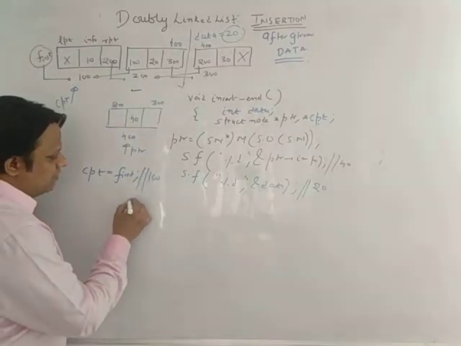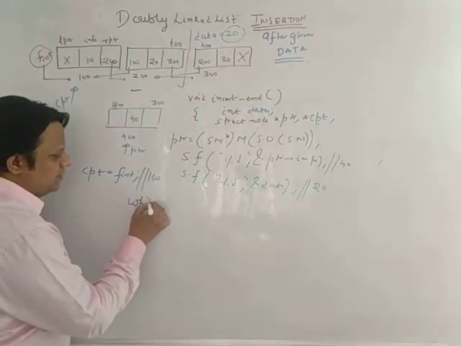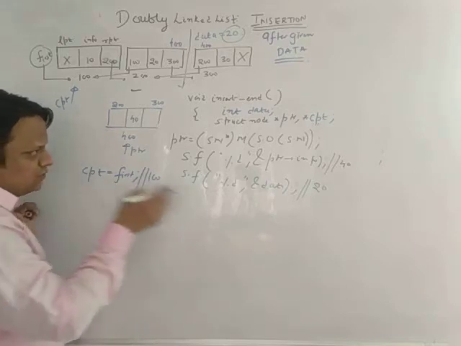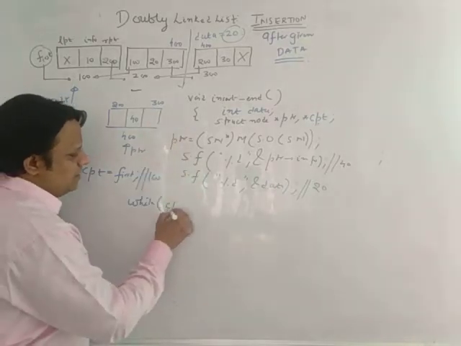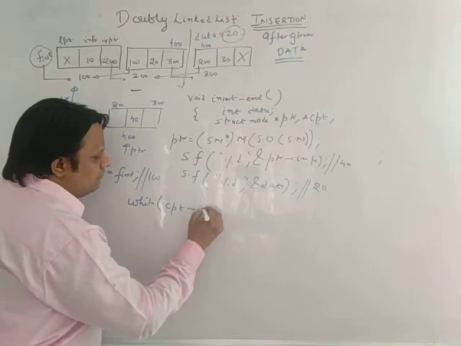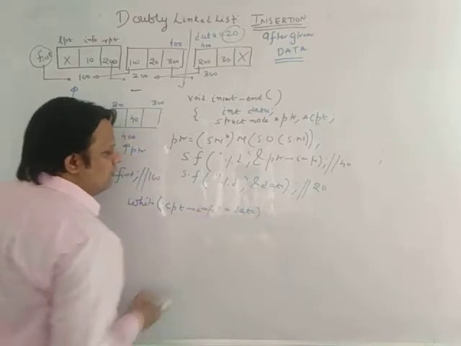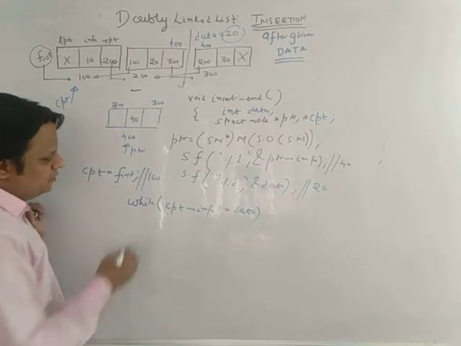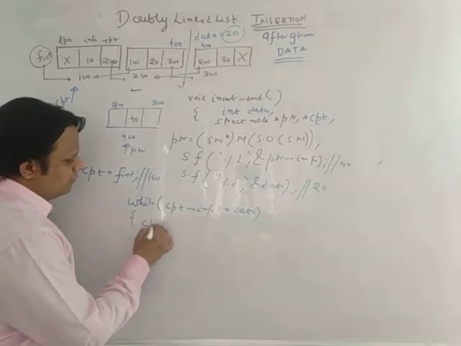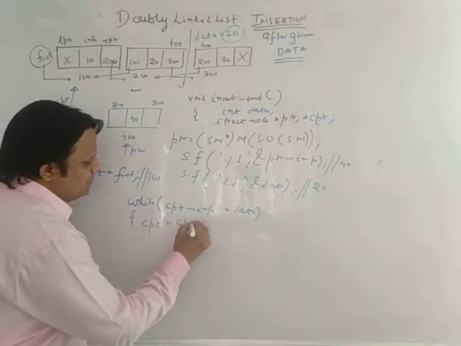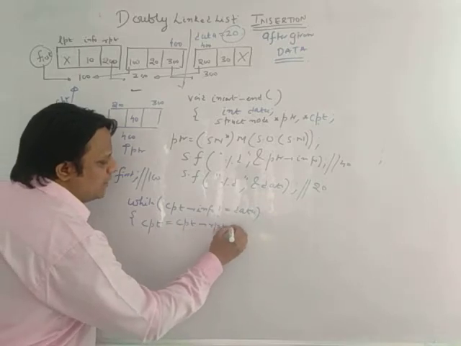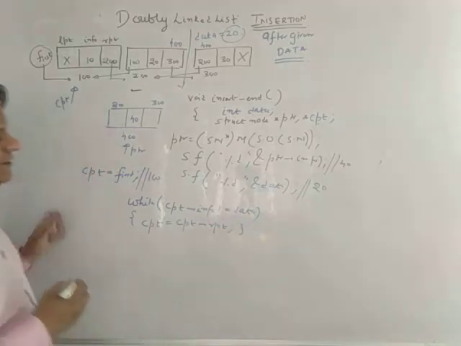So we have to compare data. We can compare data with only the info part because the data is integer. So I am writing while CPT arrow info not equal to data, CPT is equal to CPT arrow RPT. So let's see what happens when you write this code.